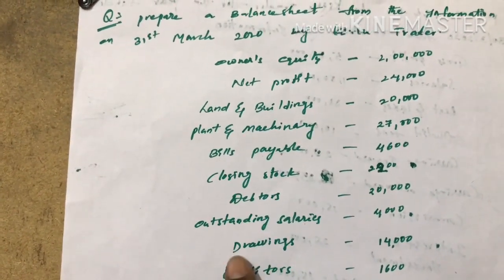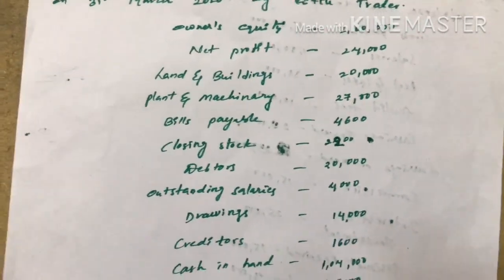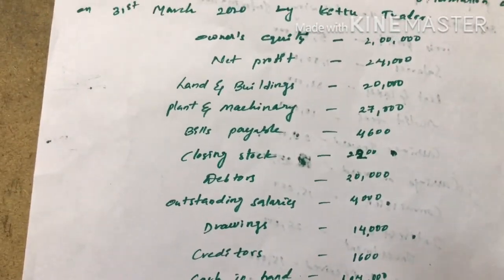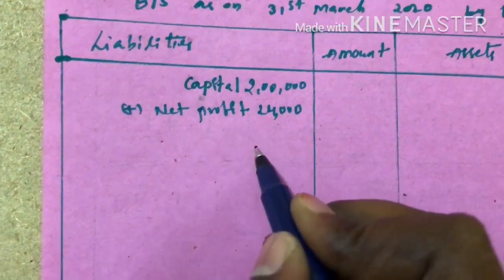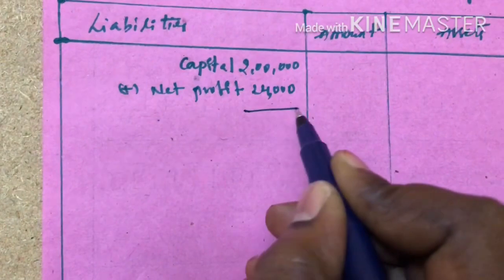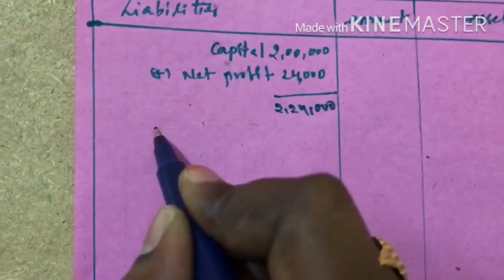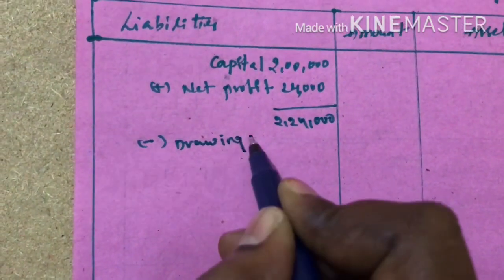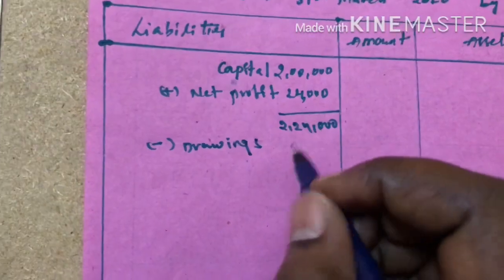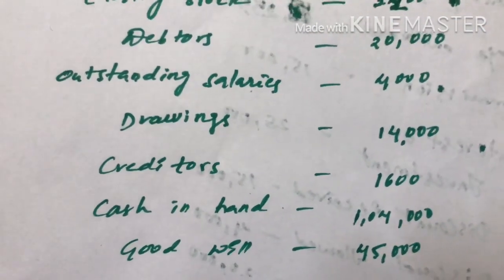From the drawings we deduct the amount from the total of the capital plus the net profit. So now the amount is 2,24,000, and from this we deduct the drawings. The drawings amount is 14,000.